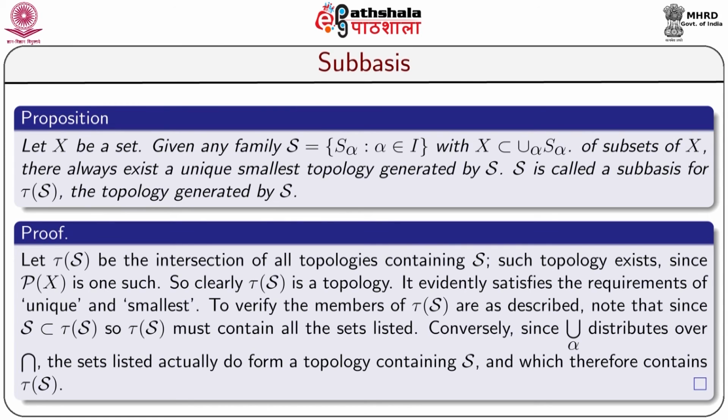That means, if 𝒮 is a collection of subsets of X such that the union of all S in 𝒮 is equal to X, then 𝒮 will be a subbasis of X. Now, from a subbasis we can get a basis by taking all possible finite intersections. Then, taking all possible unions, we get the topology.